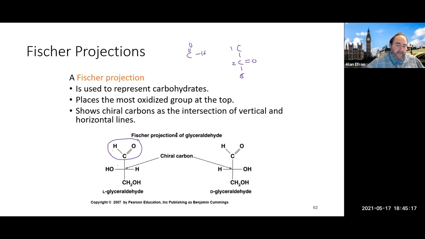Usually, for the most part, when you're determining D or L, for example, right above this group, not 100% of the time, but right above that group is usually our last chiral carbon. So if we look at that group there, that's on the left, which is why this is L. Again, just going one up from there.